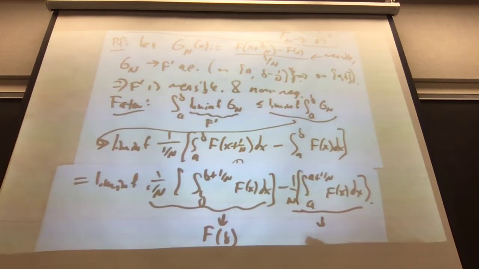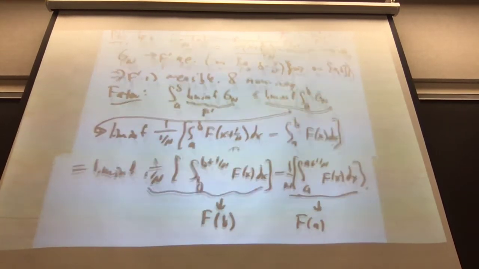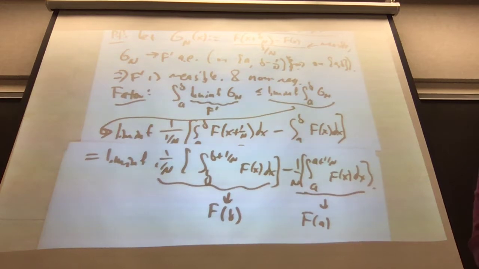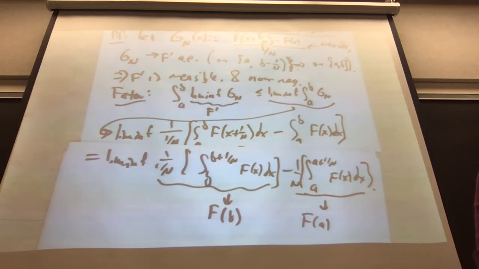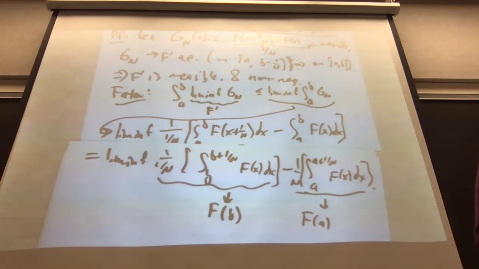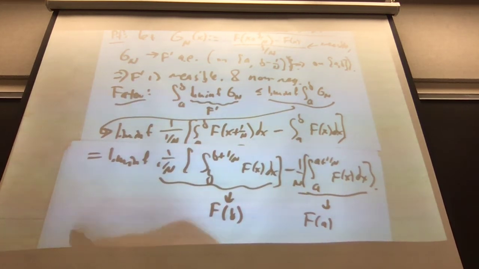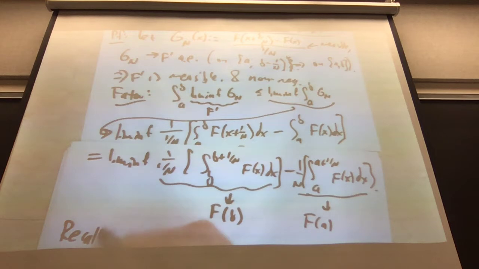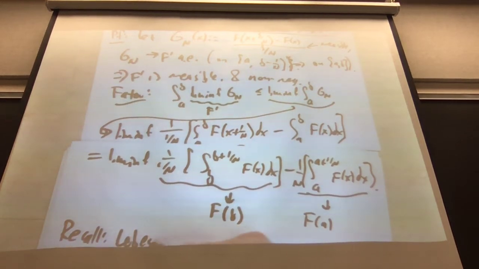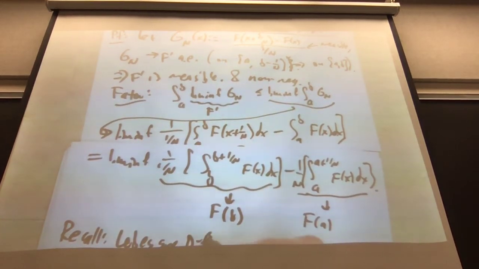And that's what we did, right? We approximated by a continuous function in the proof of the Lebesgue differentiation theorem. Since it's continuous, we don't have to approximate. We don't have to do anything. And, right, let's recall the Lebesgue differentiation theorem.